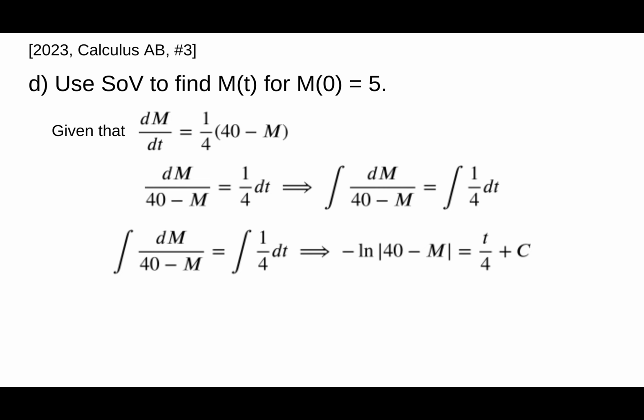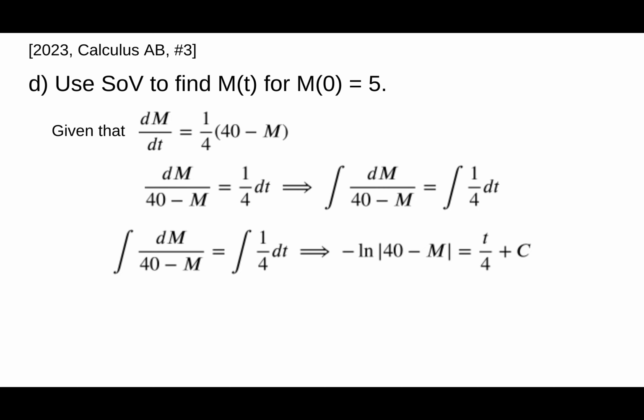Finding antiderivatives for both sides, negative natural log of the absolute value of 40 minus M. And keep in mind that because the 40 minus M is already an implicitly defined function of t, we do need to account for the derivative of negative M, which is going to be negative, so that's why the negative sign is outside of the natural log here.